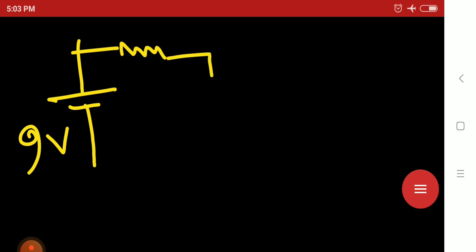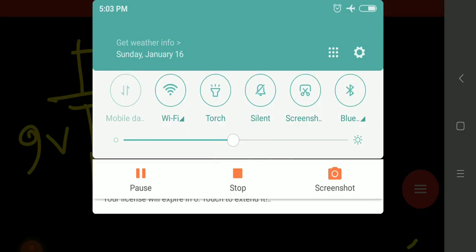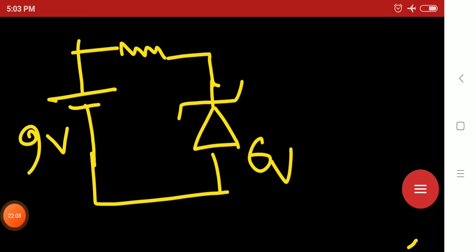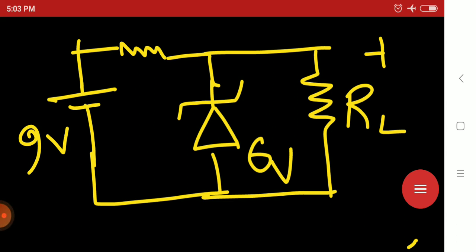Here is a resistance, here the Zener diode of about 6 volt, and here the load resistance RL, with plus and minus for the battery.